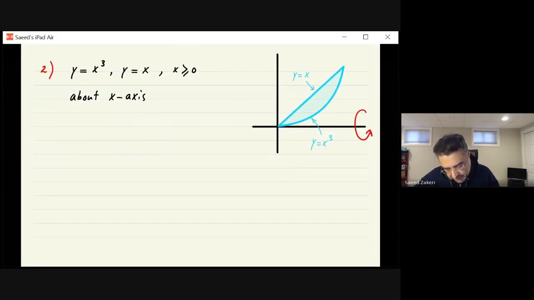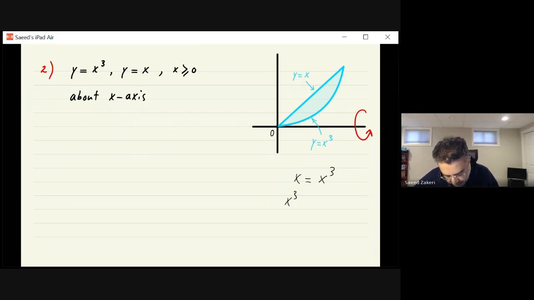Again, the only thing I have to do before applying the formula is to figure out the x coordinates of these endpoints. So what are these x coordinates? It's pretty obvious that this is 0. Again, I have to set them equal. I have to set x equal to x cubed and solve for x.